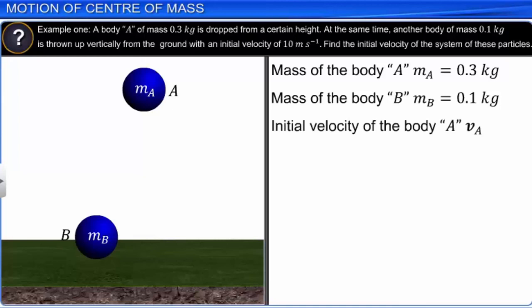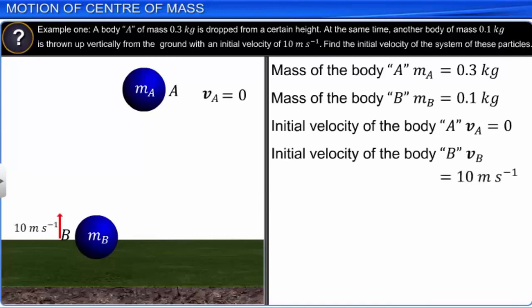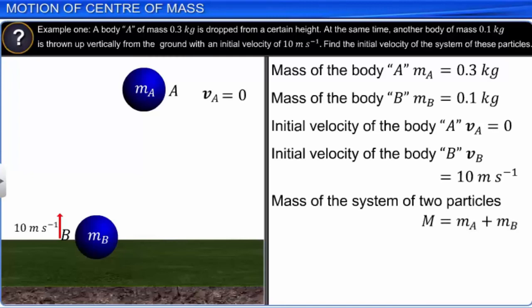And for the body B, initial velocity Vb is equal to 10 meter per second. Mass of the system of two particles, m is equal to ma plus mb, that is 0.3 plus 0.1 is equal to 0.4 kilogram.